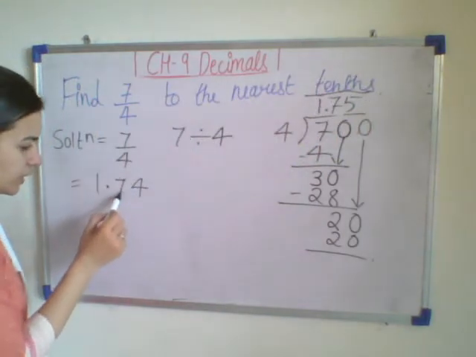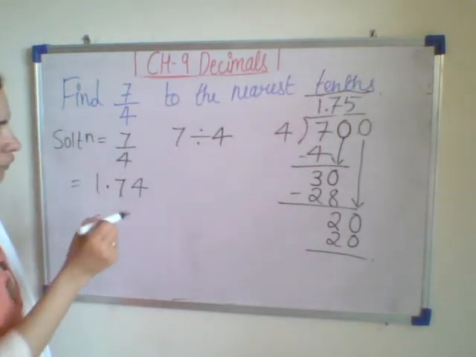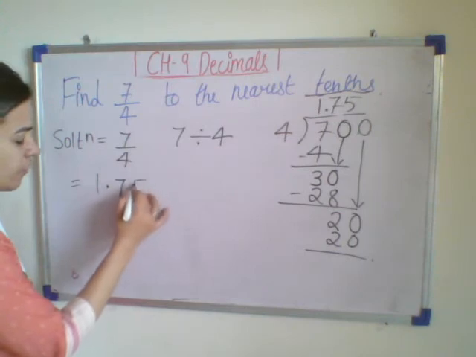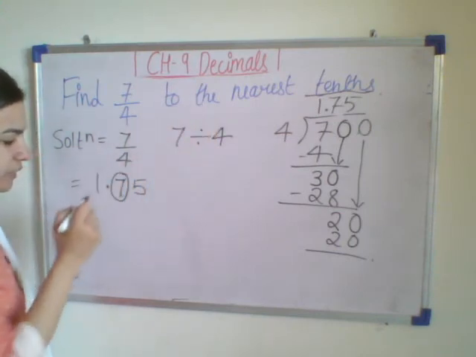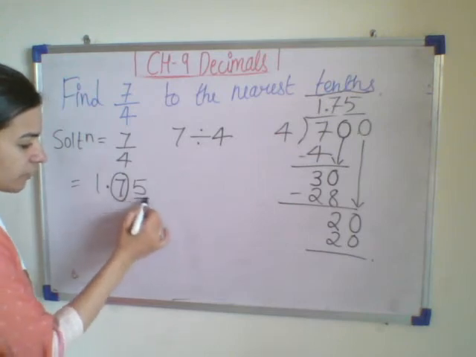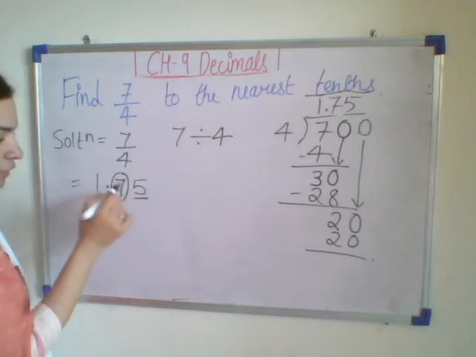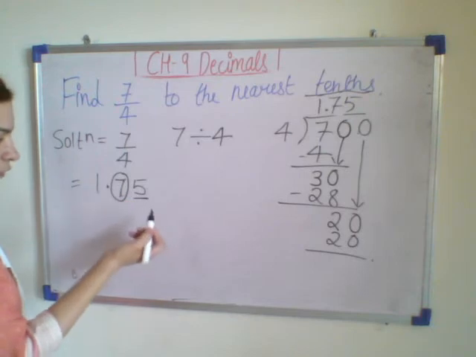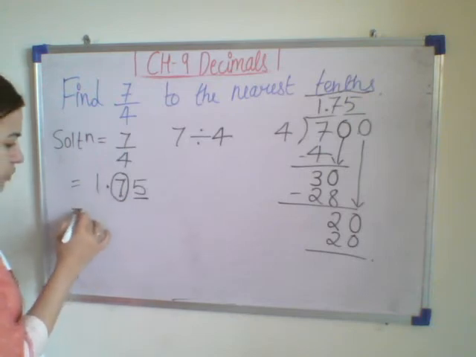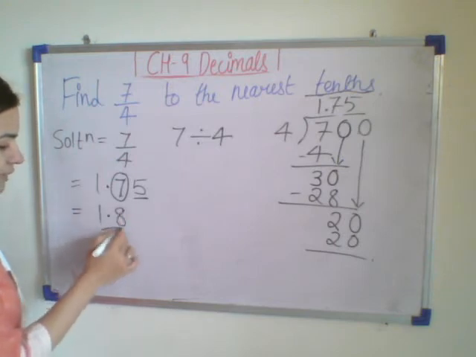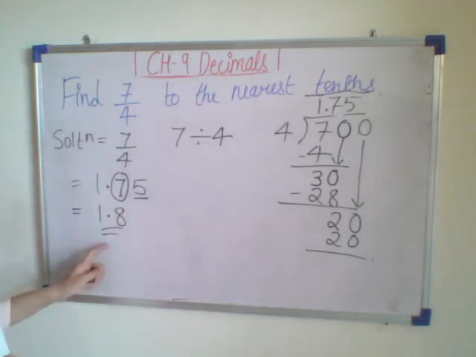So here you can see, this is the digit at the 10th place, and to its right 5 is there. If the digit is 5 or greater than 5, we have to add 1 to the rounding place value. So it will become 1.8. Our final answer will be 1.8.